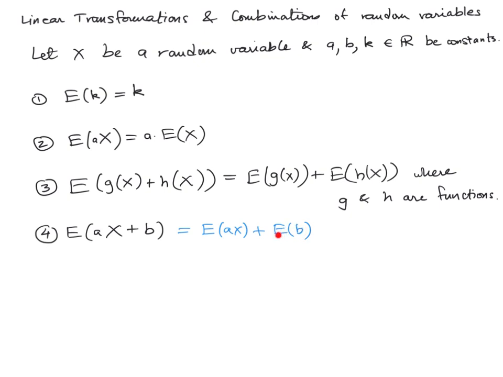But then I'm also doing the expected value of a constant, which is just that constant. So this becomes a times the expected value of x, and then plus b. So I can factor out the a, and I can separate out the plus b. So I don't actually have to perform each calculation for every single entry of my random variable. I could just use the old expected value, multiply it by a, and then finally add b.